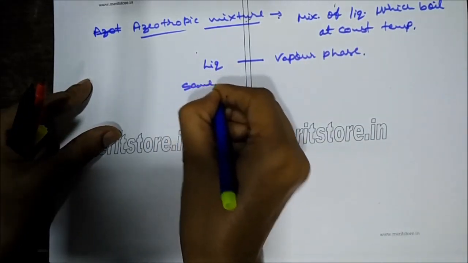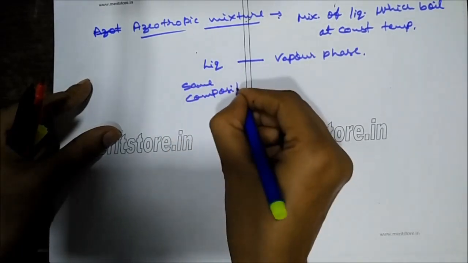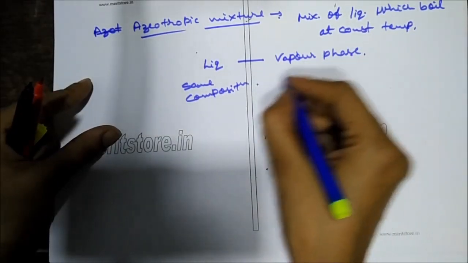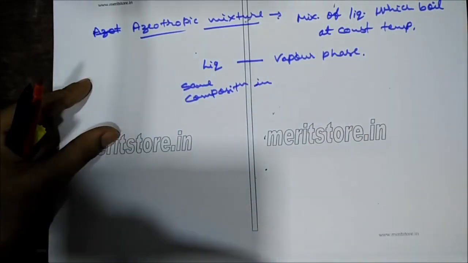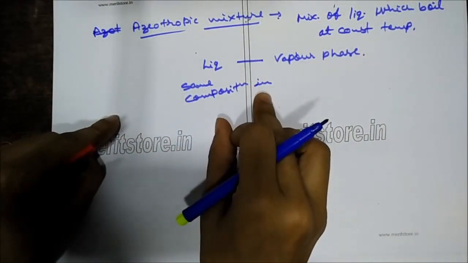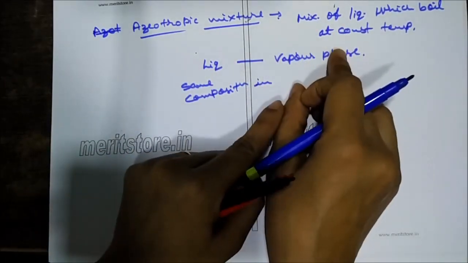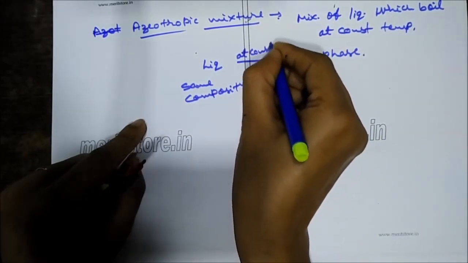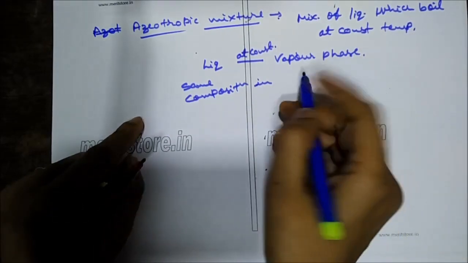Same composition, so we cannot isolate the components after distillation. So the azeotropes are constant boiling mixtures because the whole of the azeotrope changes into vapor state at constant temperature, and their components can't be separated by fractional distillation.